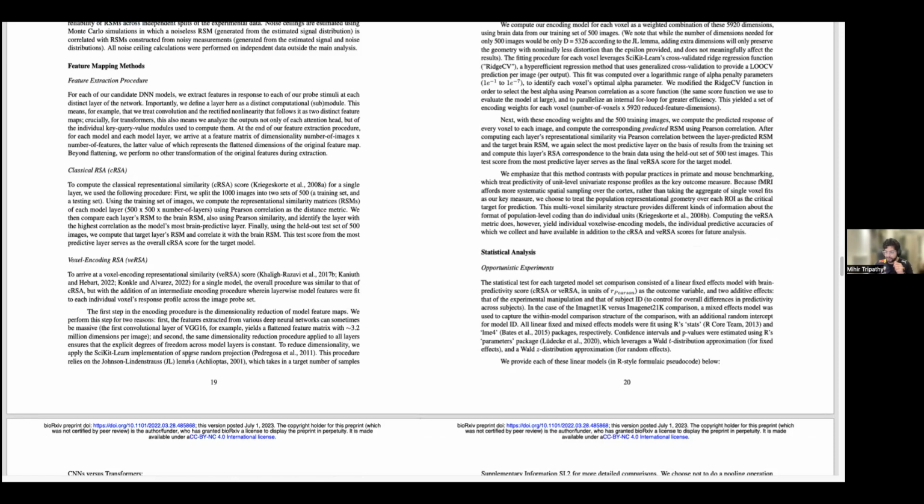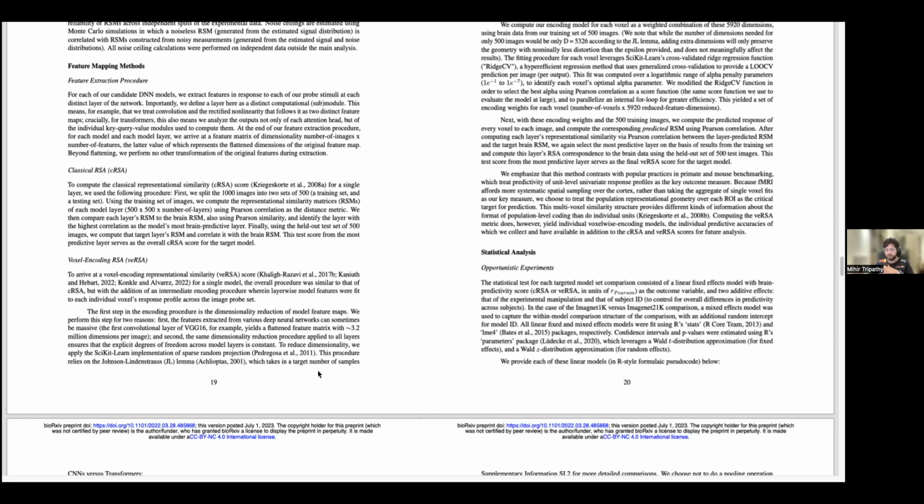They reduce the dimensionality mostly because if we are looking at models such as VGG, the deepest layer could have like 3.2 million dimensions per image, and that's too many for them to handle.